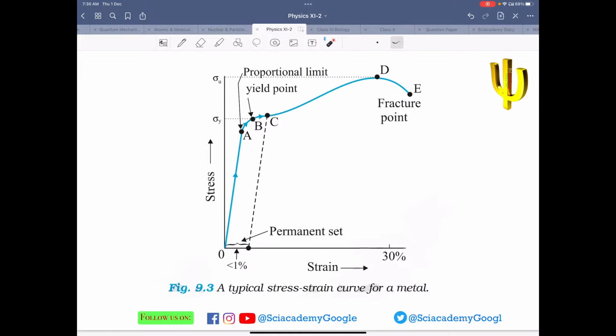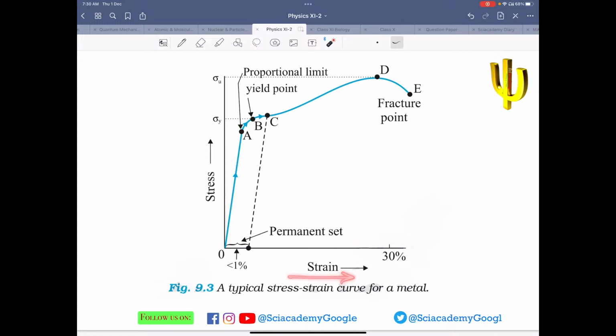The fractional change in the length, that is the strain, and the applied force needed to cause the strain are plotted.